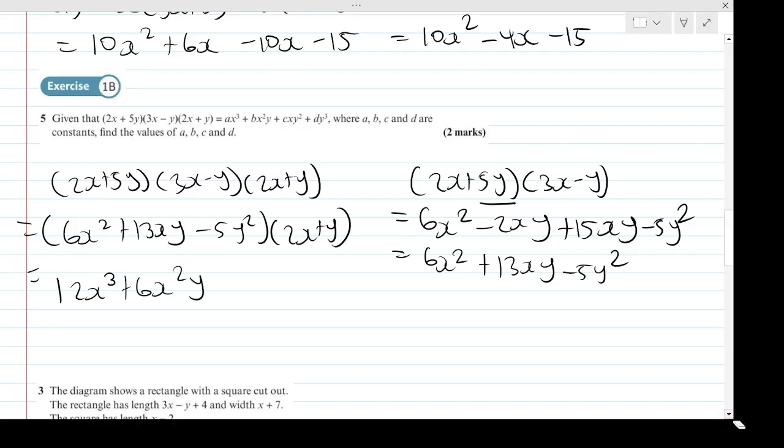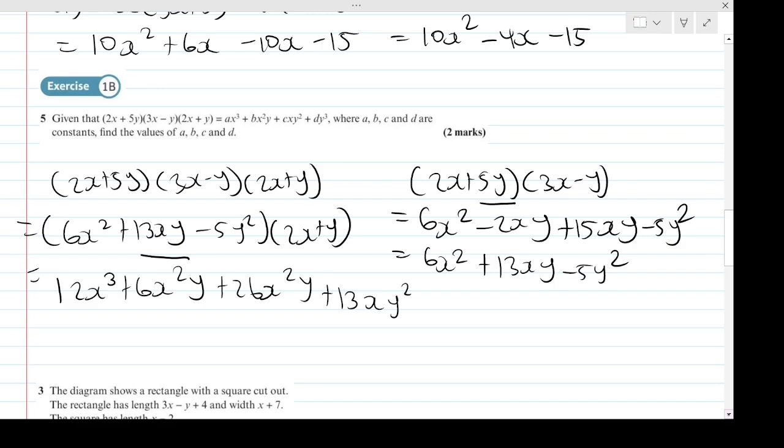And then with the other term, 13xy times 2x, well, that's going to be 26x squared y, because x times x is x squared, and then we have a y on the end. Then we're going to times 13xy by y, that's going to be plus 13xy squared.